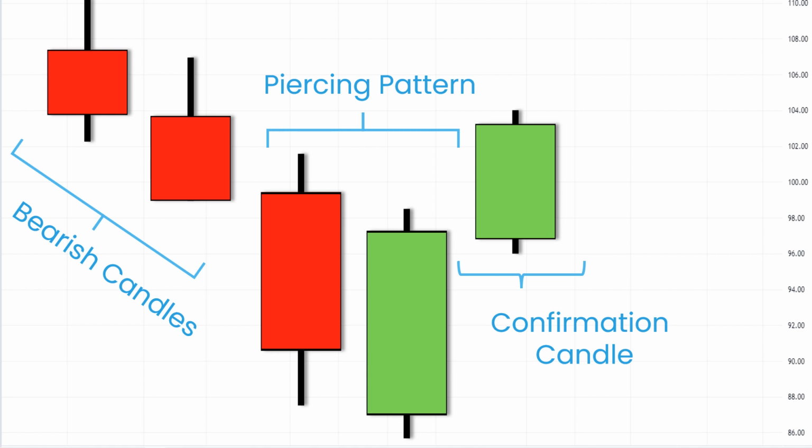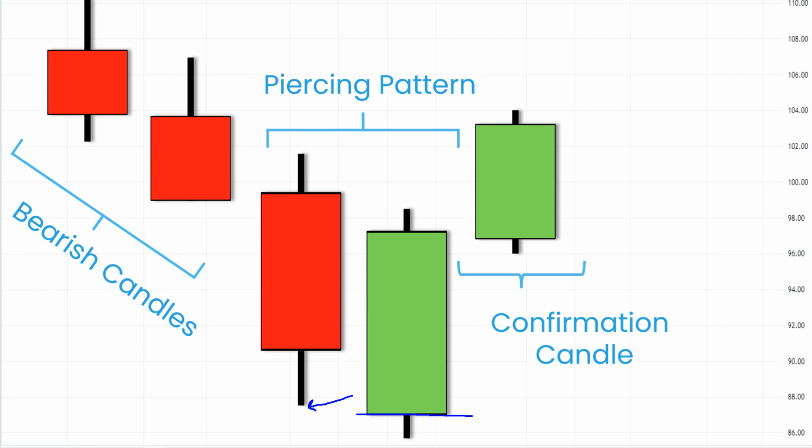The piercing pattern itself is two candlesticks. You guys can see you've got a bearish candlestick and you've got a greenish candlestick, or a bull candlestick. The most important part of the piercing pattern combination of the two candles is the open of the green candle has to be below the previous red candle or bearish candle's low. So that was an easy thing for me to find.